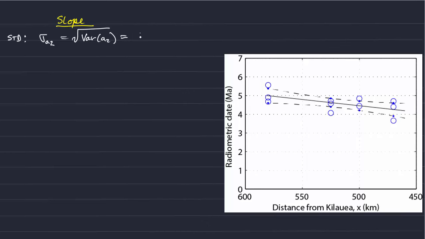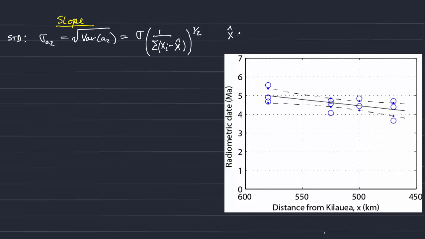And the solution for that is sigma. It depends on sigma, the variance of all the data about the true linear trend, times 1 over the sum of all the differences of our locations from the mean distance. And instead of a bar for mean, I'm going to use a hat for the mean, because I don't want to confuse that symbol with the vector x.